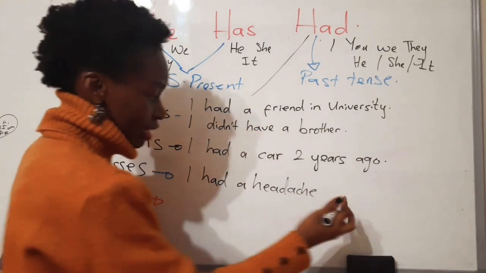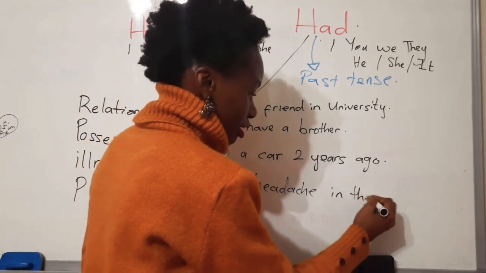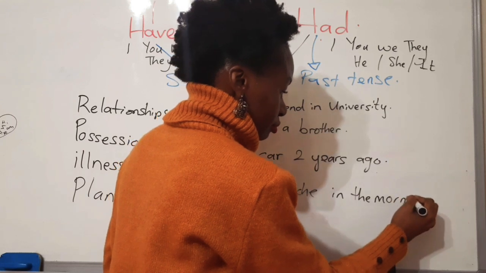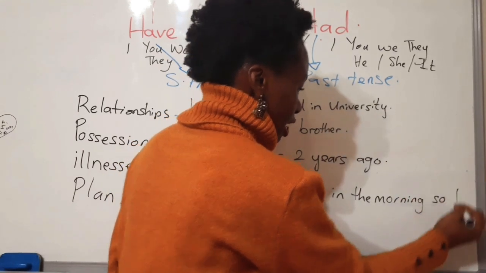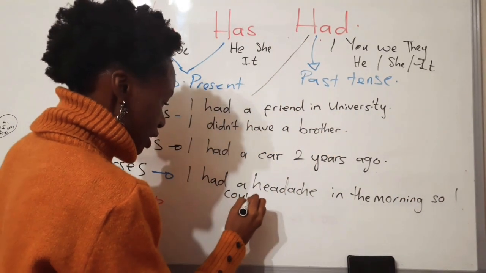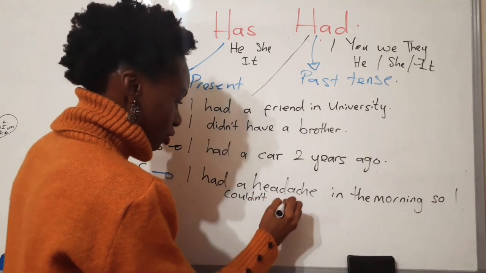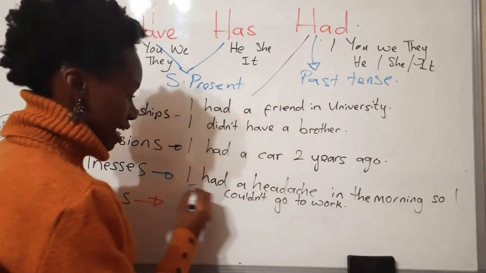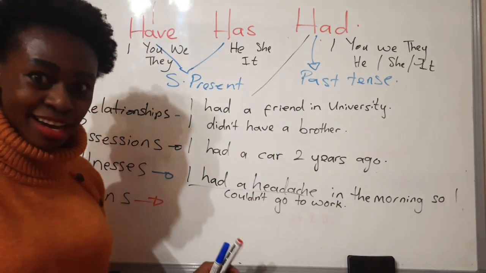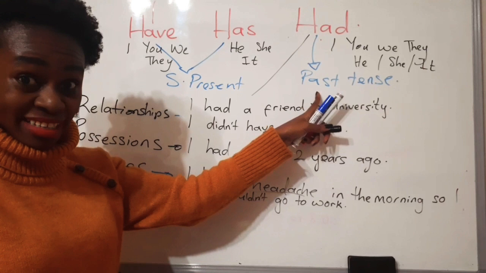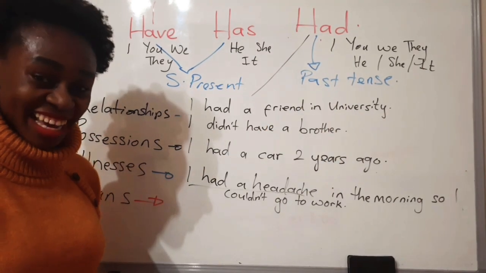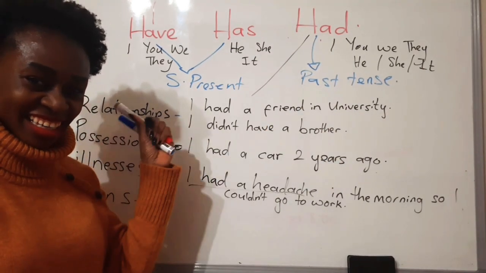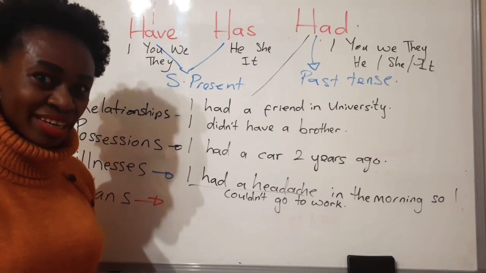So we can say I had a headache in the morning, so I couldn't go to work because I had a headache. Now I don't have a headache. It is in the past. I had a headache 2 hours ago.